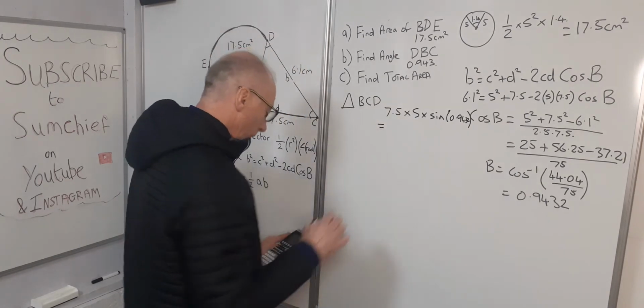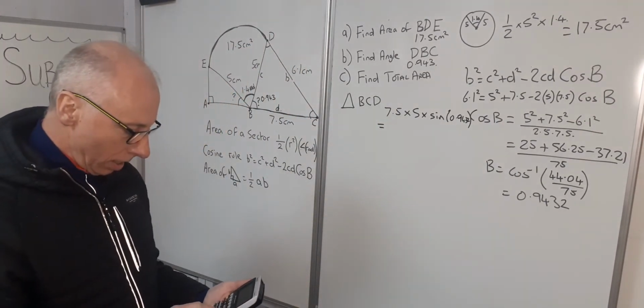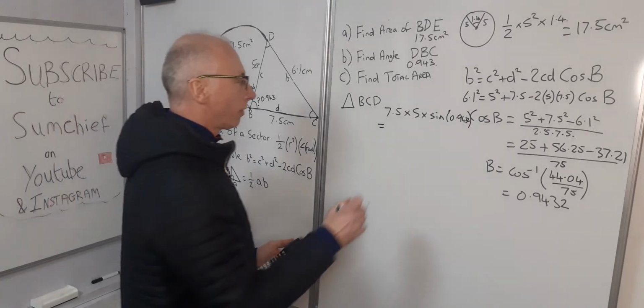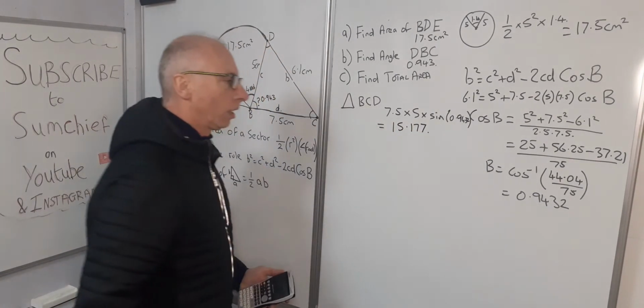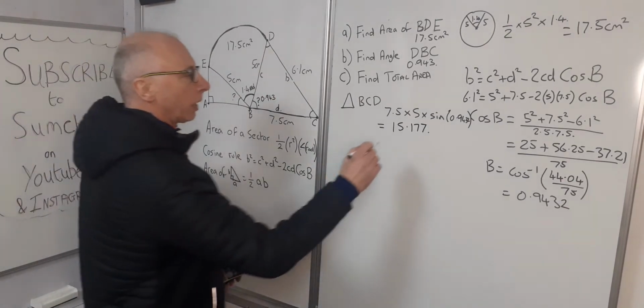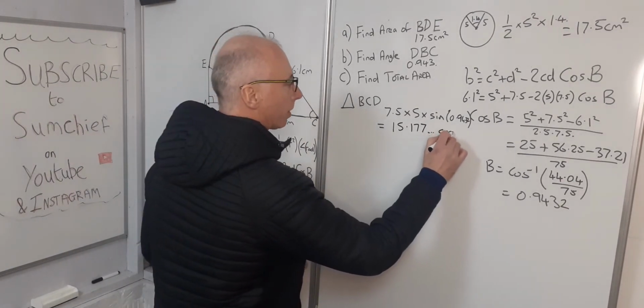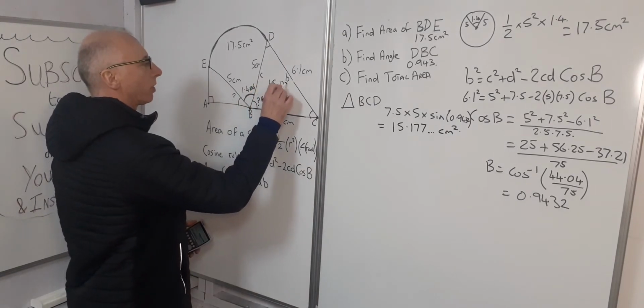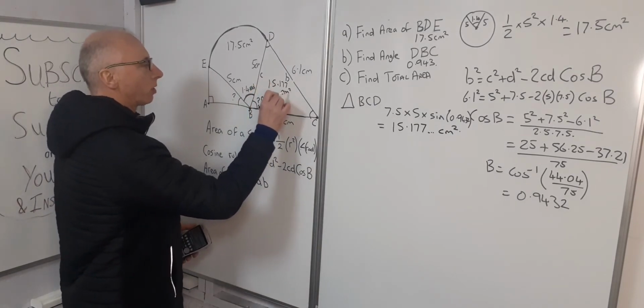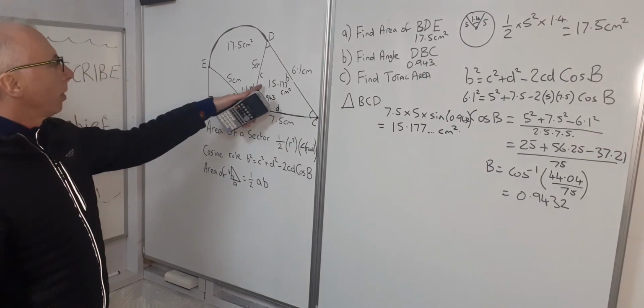Plug that into our calculator, we get 15.177, which would also be in centimetres squared. So 15.177 centimetres squared. Okay, so that's that one and that one.